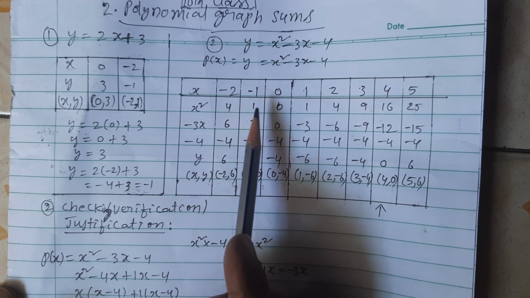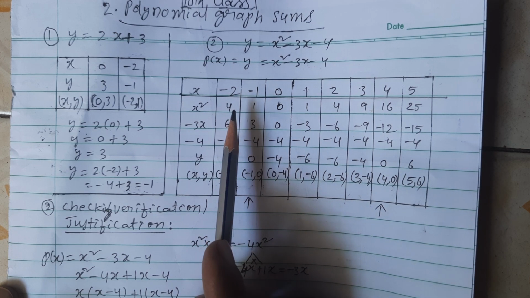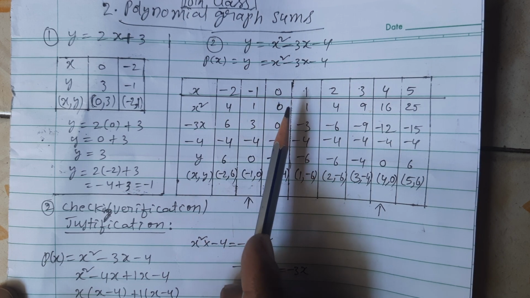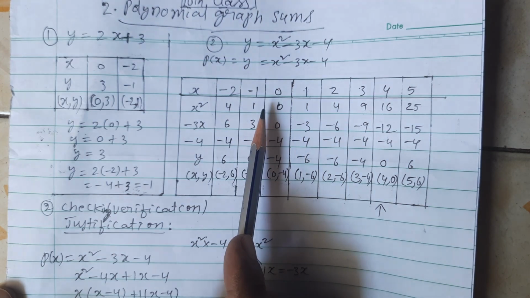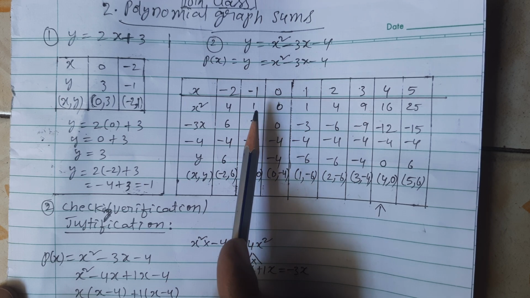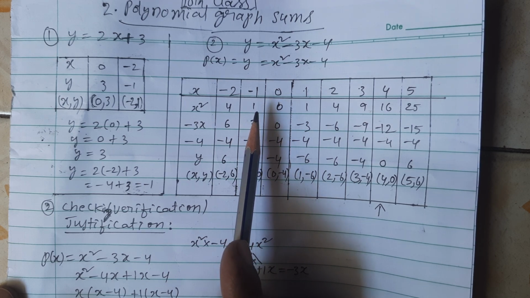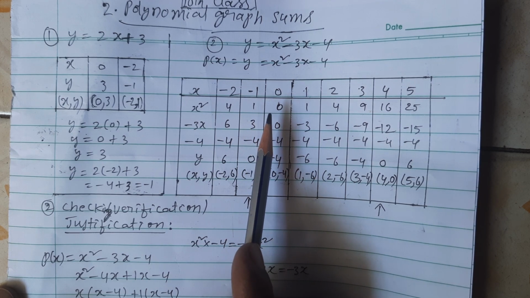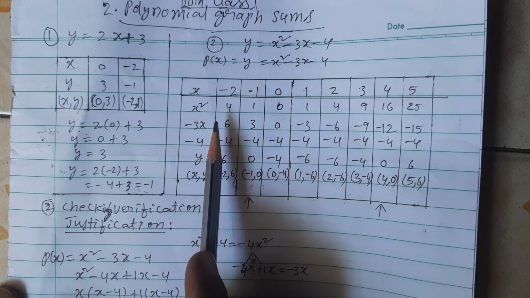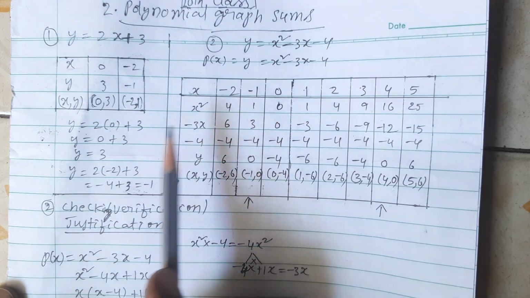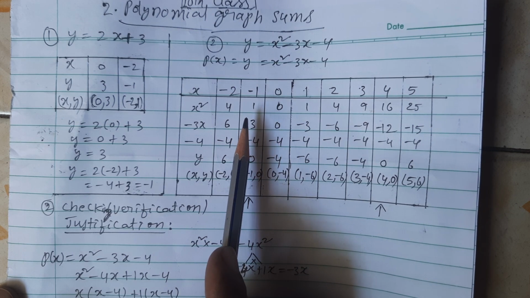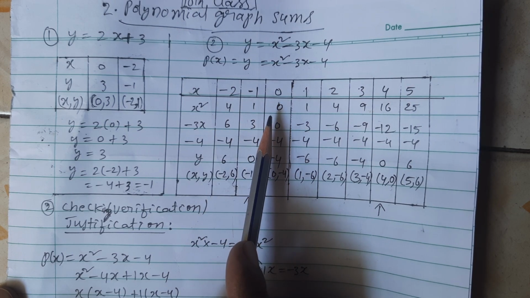Why we are taking like this: if you finish checking the verification earlier, it must be practiced beside the graph paper, because this is the question and opposite to that the graph should be present. This is the sum.